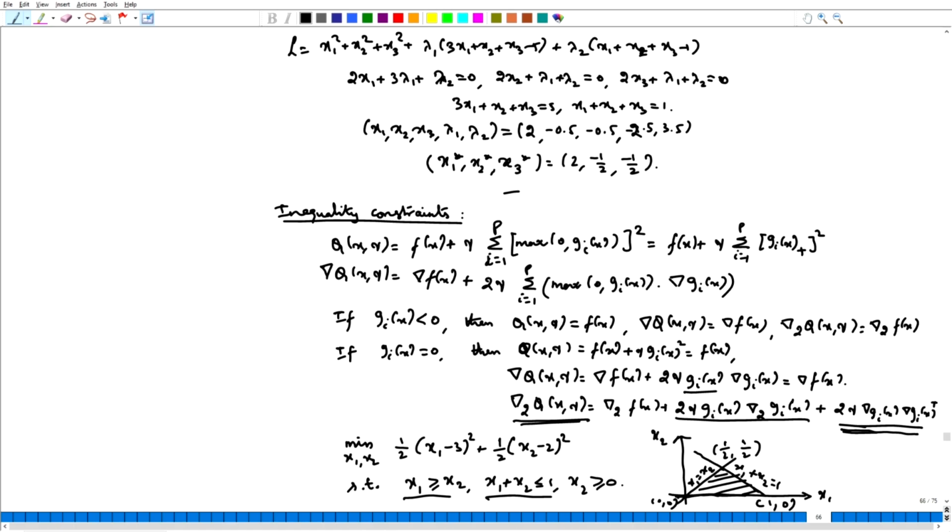We are actually minimizing the distance between the point (3, 2) and this particular constraint set that I have just drawn.